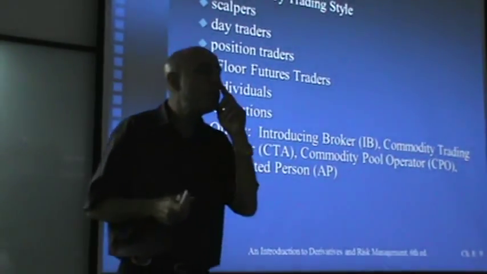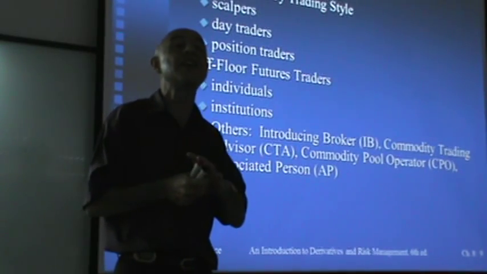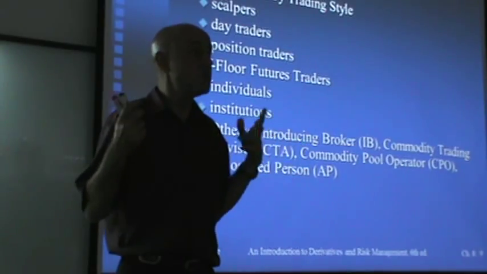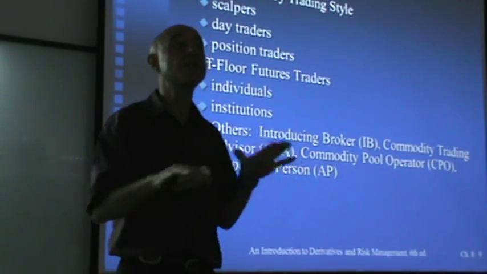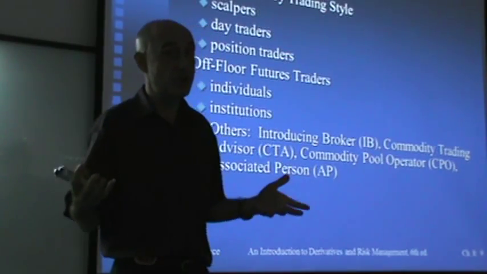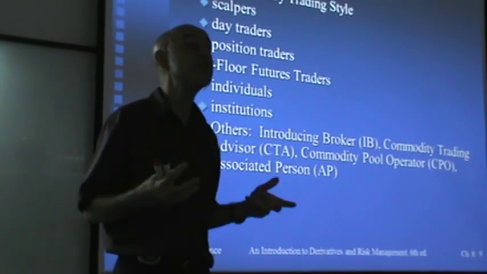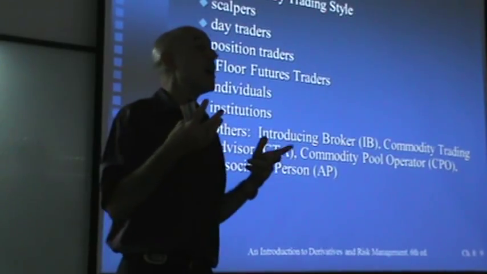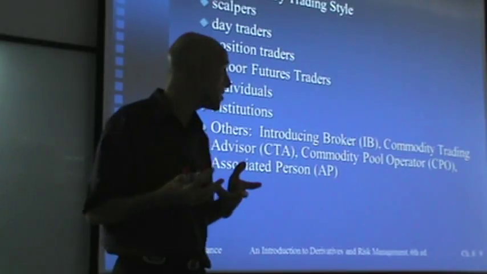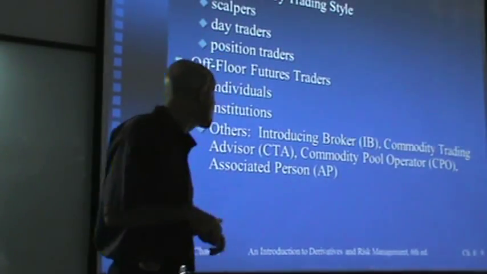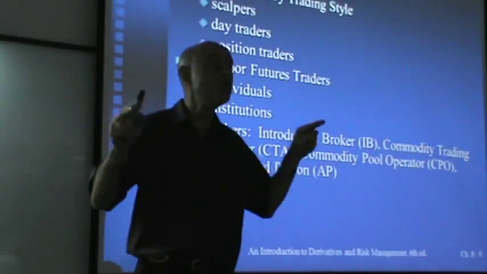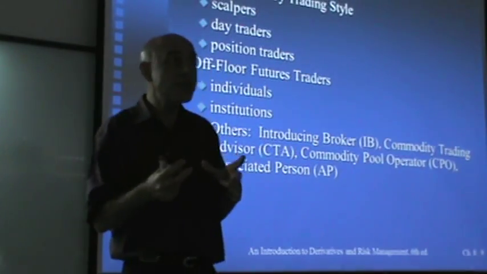You have the commodity pool operator. And a commodity pool operator is kind of like a mutual fund, but the big difference is that mutual funds are prohibited from trading highly risky instruments. They are prohibited from trading with leverage. They're prohibited from trading futures and options. So these commodity pool operators are like a mutual fund, but they are not a mutual fund.